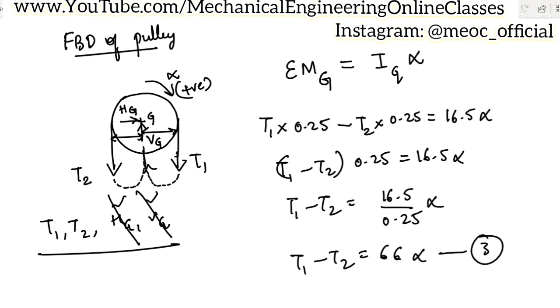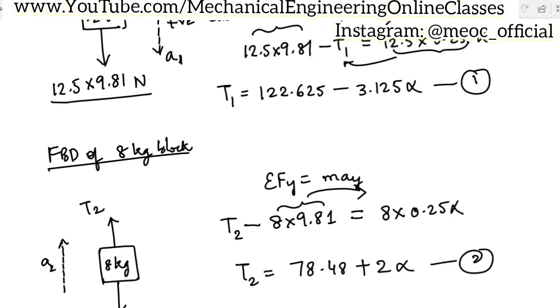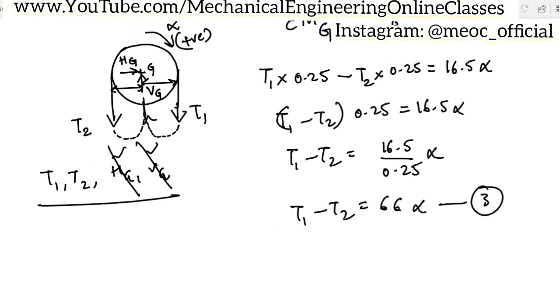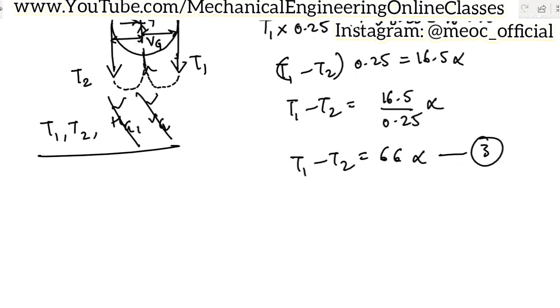Now T1, T2, alpha, these are the three unknowns. We have now got three equations. So solving the three equations, we can find all the three unknowns. Because T1 minus T2 should be 66 alpha, I am going to substitute T1 from equation 1 and T2 from equation 2 in the third equation. After finding the difference, I will equate it to 66 alpha. So then I will have only one unknown in the entire equation, and I can find alpha as 0.62067 radians per second square.